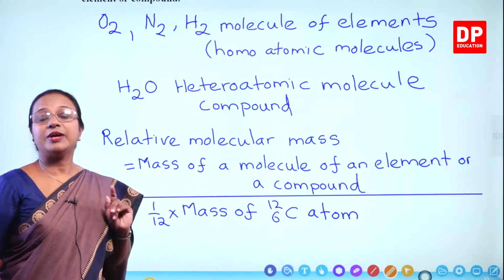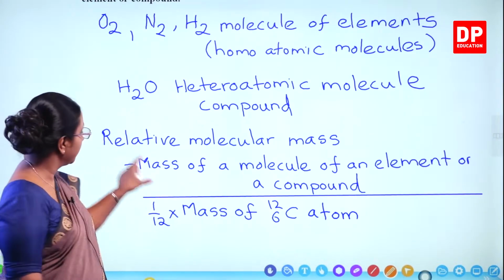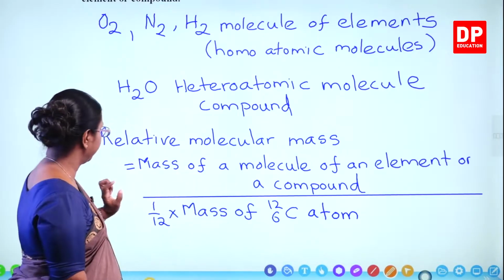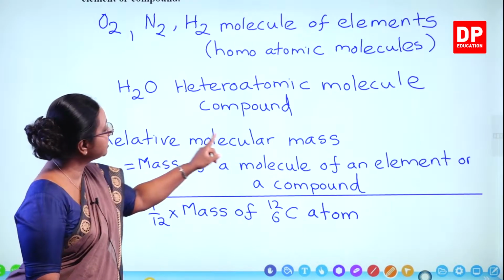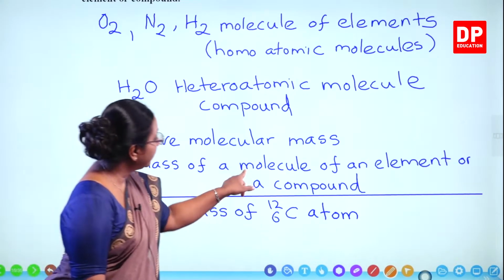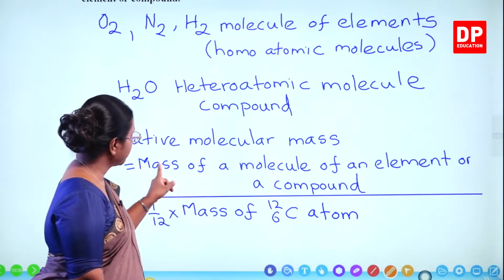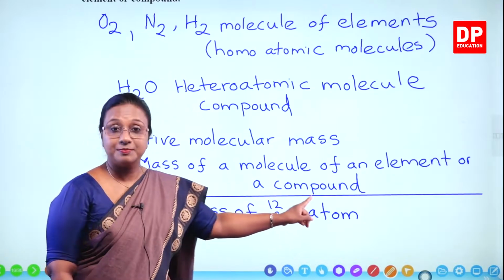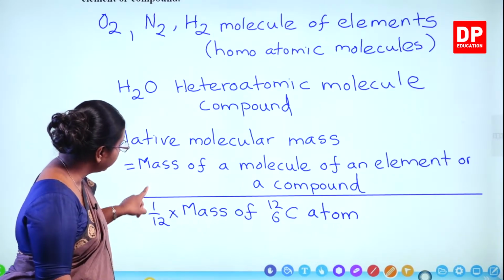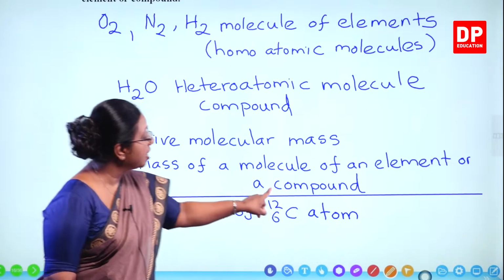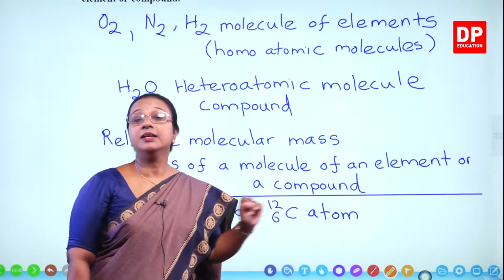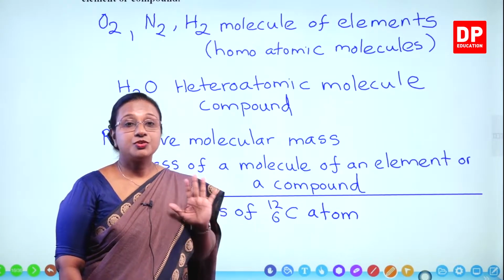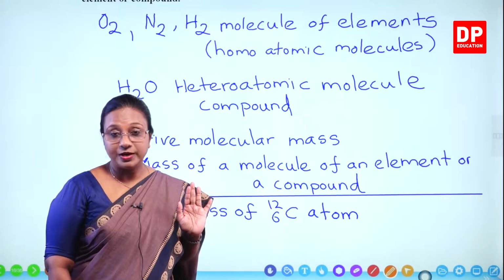So now you can understand the relationship. Only this part is different. So here, since it's relative molecular mass, we have to write molecule. So mass of a molecule of an element or a compound divided by 1/12 mass of 12,6 carbon atom. So that is the equation.